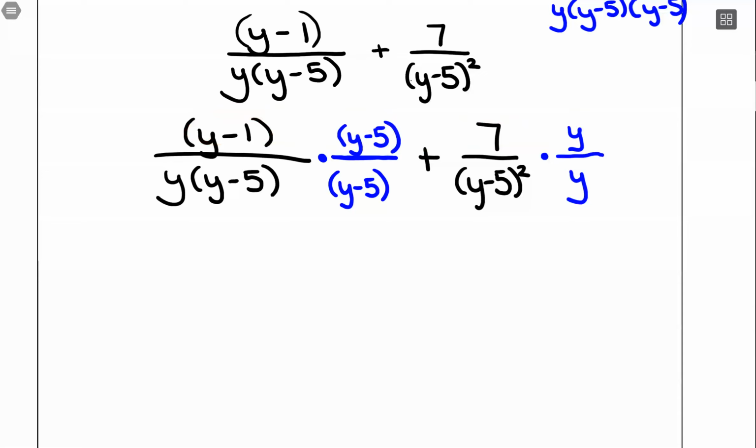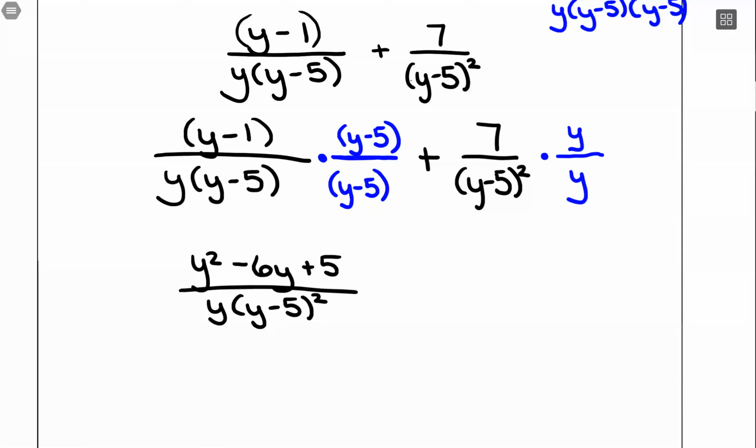So I'm going to FOIL out, so we'd have a y squared, minus 1 minus 5 is a negative 6y. Negative 1 times negative 5 is positive 5, all over y times y minus 5 squared. And then we're going plus 7 times y over y times y minus 5 squared.